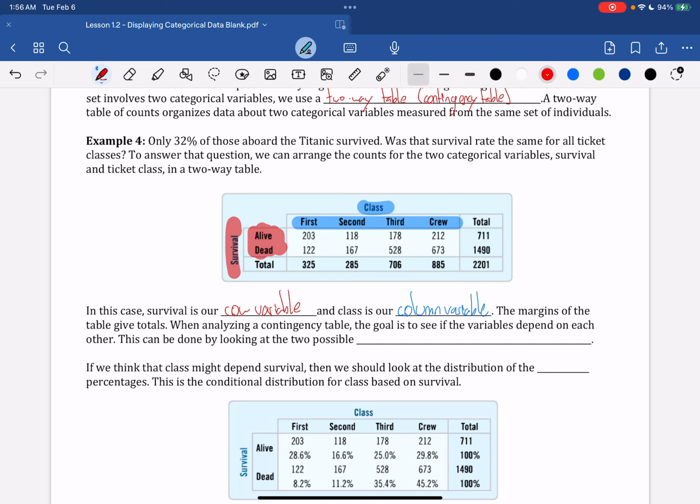So when analyzing a contingency table, the goal is to see if the variables depend on each other. This can be done by looking at the two possibilities. So we look at our conditional distributions. That's looking at our rows and our columns.